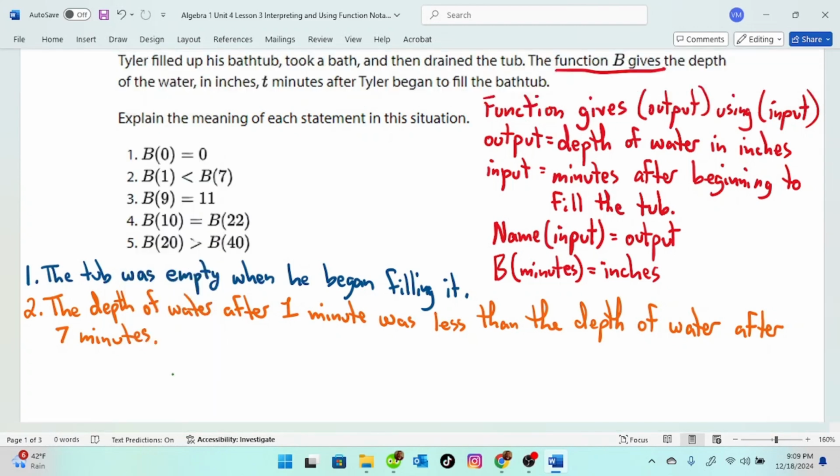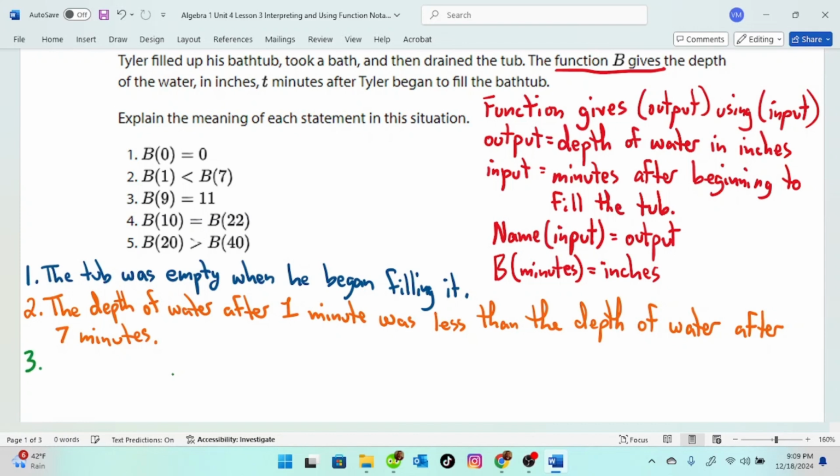Number 3, we have B of 9 equals 11. So the 9 represents the number of minutes. The 11 represents the inches of water.